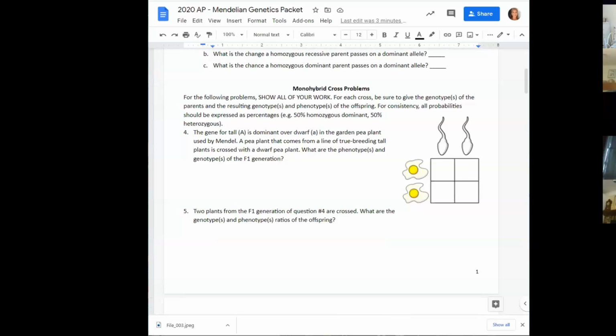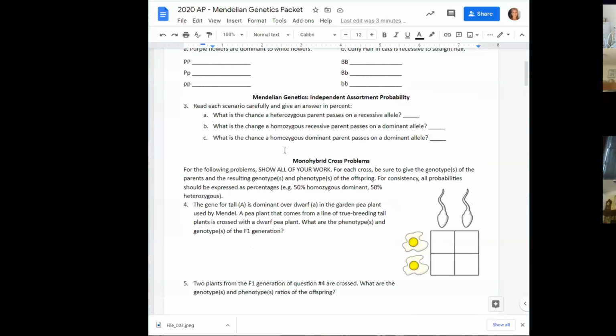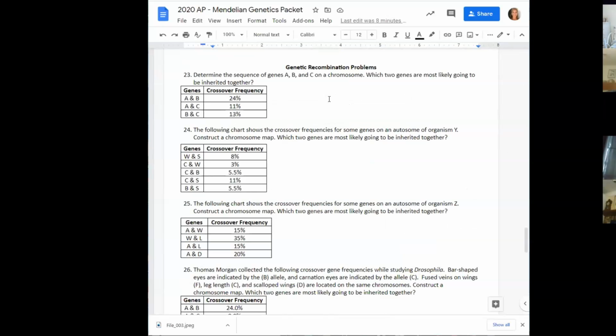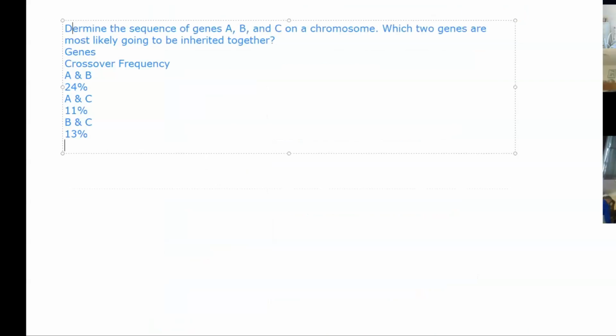Alex, I think where it misaligns, it looks like there is an extra question added in. So there's a question about the genetic recombinations, these questions here. First of all, crossover frequency.